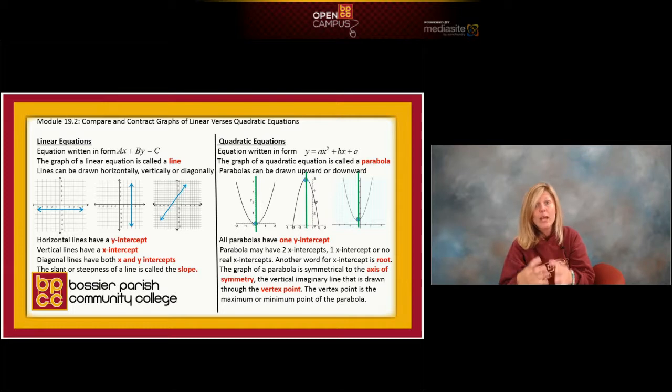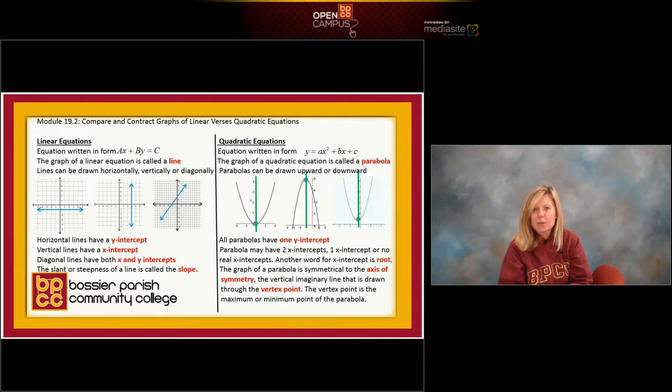Now, we can use some of the same vocabulary with parabolas as we did with lines. Parabolas can touch the y-axis. If you look at all 3 diagrams, all 3 of those parabolas touch the y-axis. Therefore, all 3 have points that are called y-intercepts. Parabolas may or may not touch the x-axis.